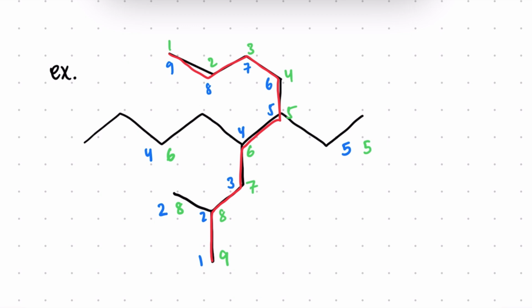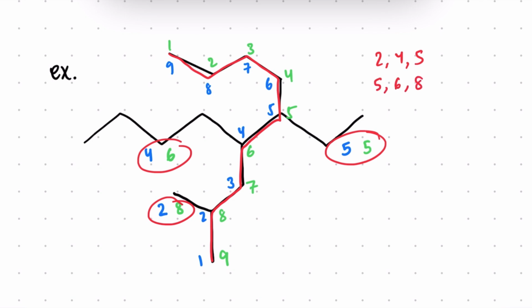So those are our lowest locant sets. I'm just going to circle them so that we separate them from the rest. Now from each possible case, what is the lowest set of numbers that we could get? Is it 2, 4, and 5? Or 5, 6, and 8? Obviously here, our lowest locant set would be 2, 4, and 5 because they're lower numbers than the other one.